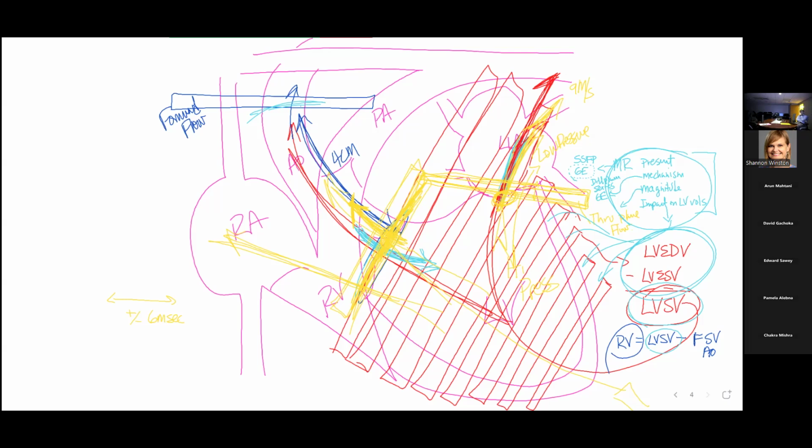Anytime that I look and I'm trying to calculate or think about mitral regurgitation: is it present? What's the mechanism, the magnitude, and then the impact on LV volumes? You're going to use the gradient echo technique to determine if it's present. You've got a lot of different imaging planes to help with the mechanism. For the magnitude, through-plane flow, make sure you've got enough pixels and voxels and all that stuff.